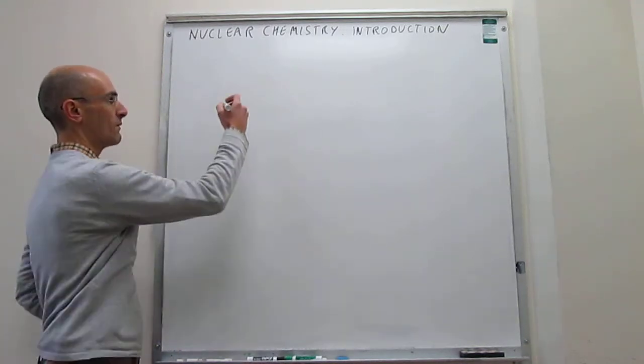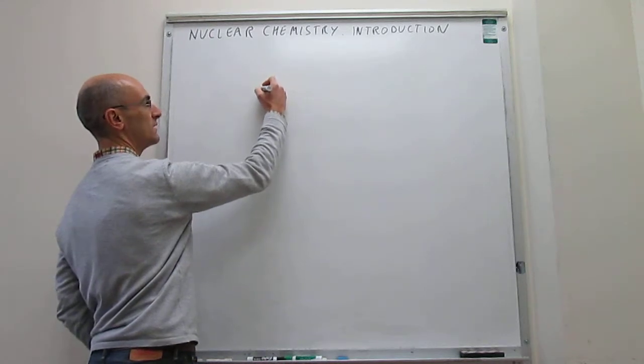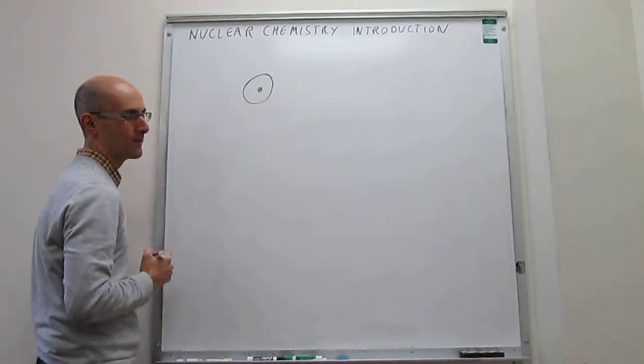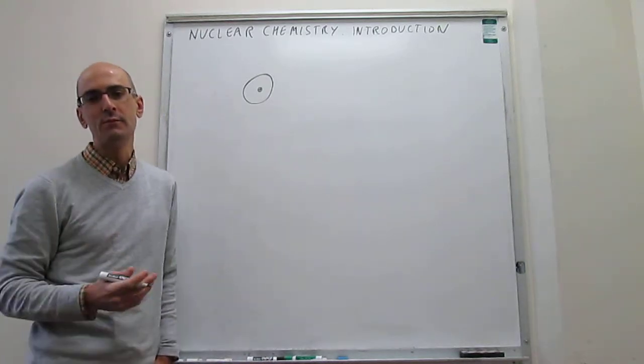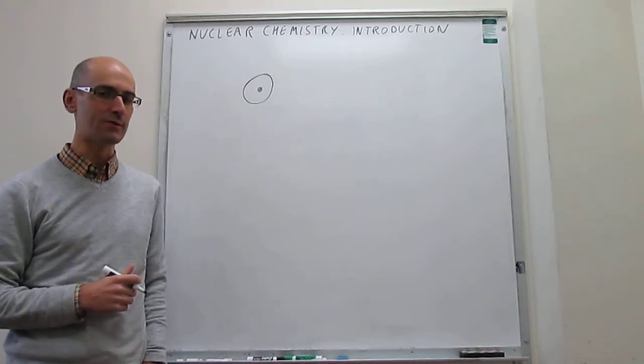All right, so again, remember what an atom is. We have here a nucleus, which has positive charge and the mass, and in the periphery we have electrons. Usually in chemistry we worry about the electrons, but there are aspects of the nucleus that are also interesting.